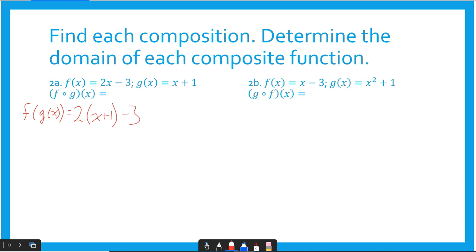And then we can just simplify. So we apply the distributive property. That's 2x plus 2 minus 3. And then we continue simplifying: 2x minus 1. So then we want to identify the domain. And the domain, in this case, since it's a linear function, is all real numbers.